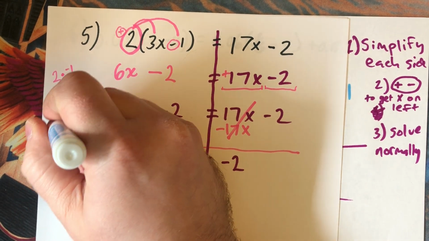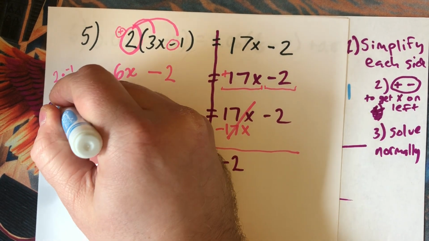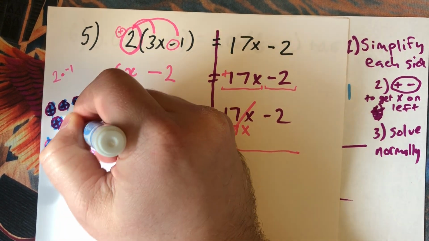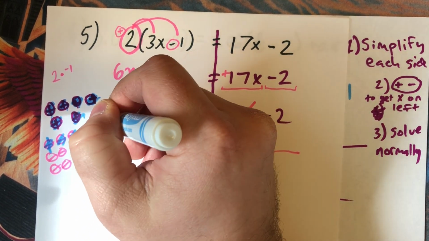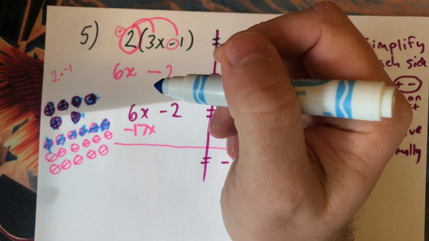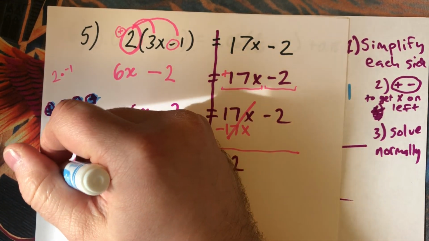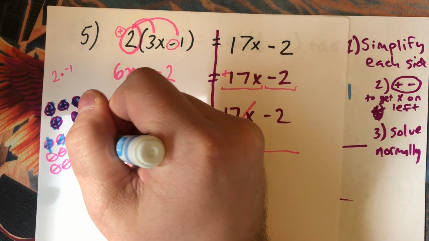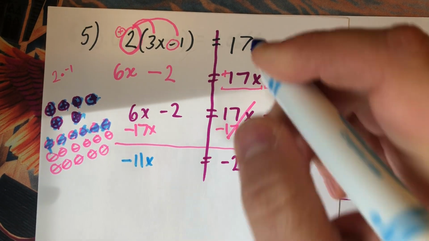So 1 plus and 1 minus cancel each other out. And so if I go through and just cancel, I ran out of positives. All I have is 1, 2, 3, 4, 5, 6, 7, 8, 9, 10, 11 negatives left. So I could say I have 11 negative x's left.